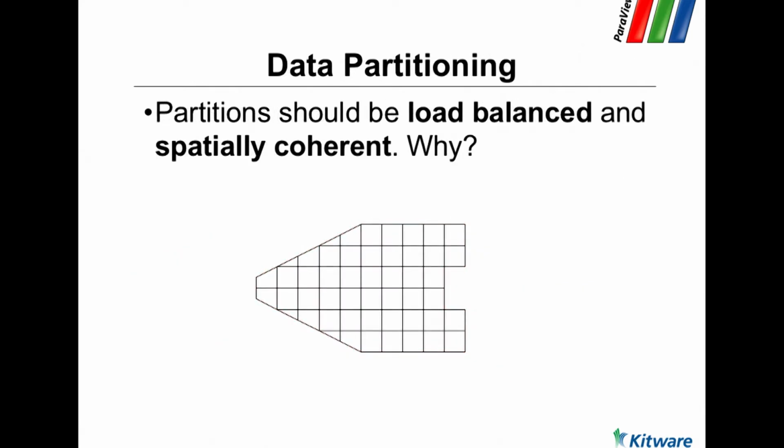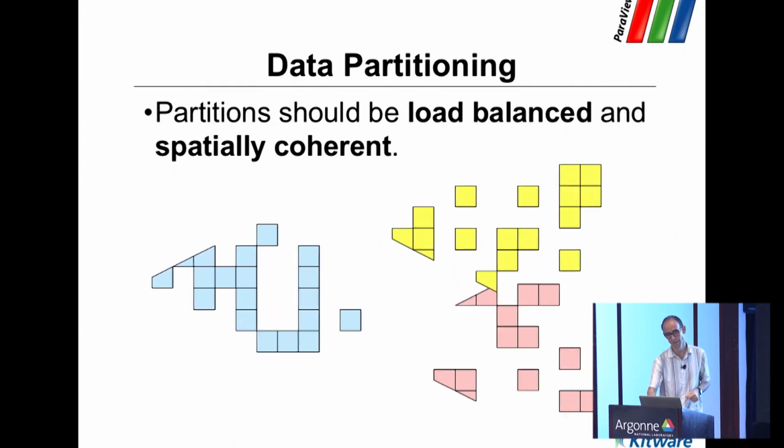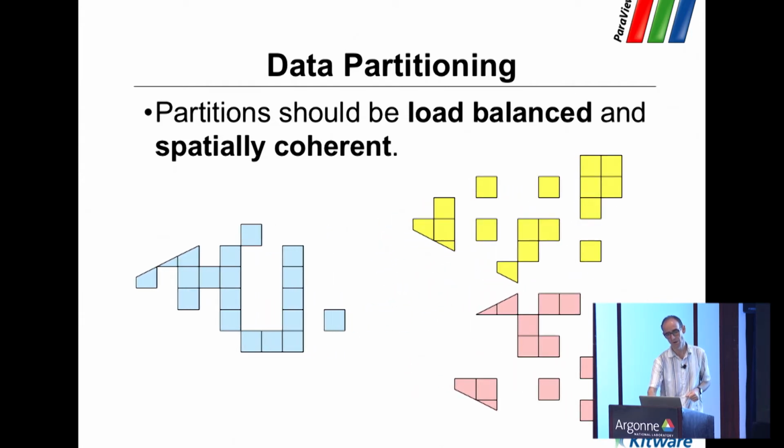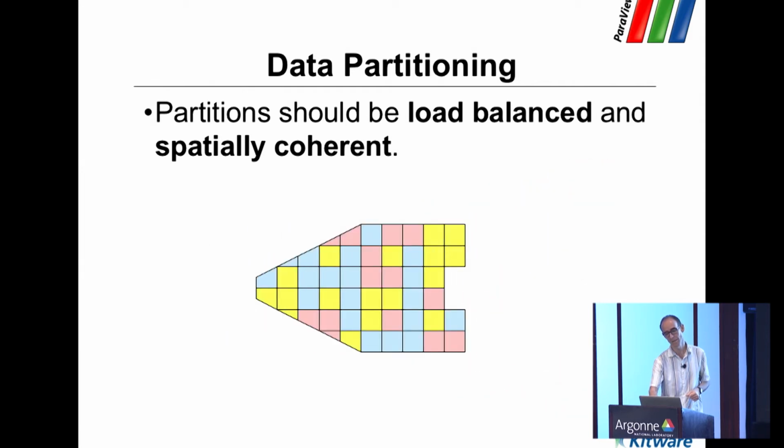When you partition your data, your partitioning has to be load balanced. That is, you have to hopefully have the same amount of data on each node. And also it has to be spatially coherent, so the pieces have to be from the same place. If you don't, bad problems will happen. In this example, we have data that's not spatially coherent.